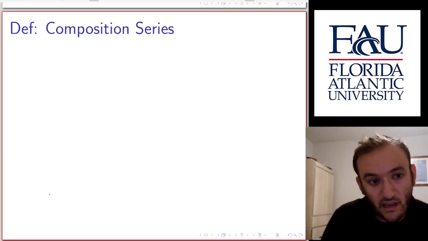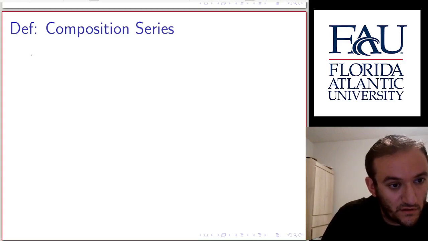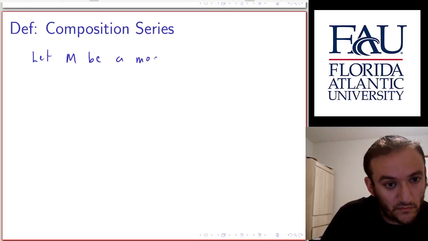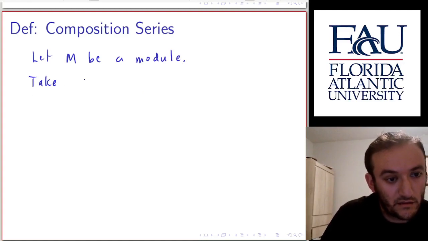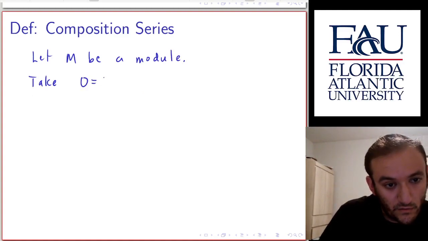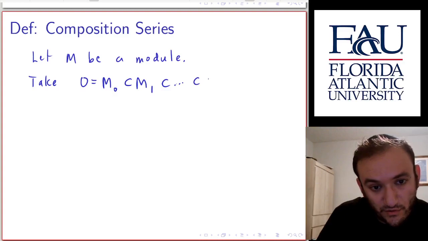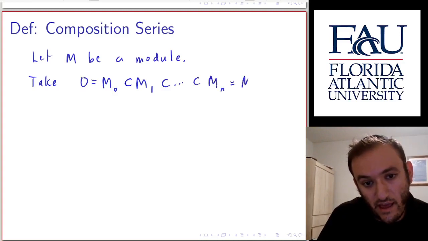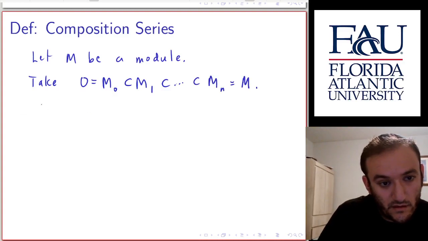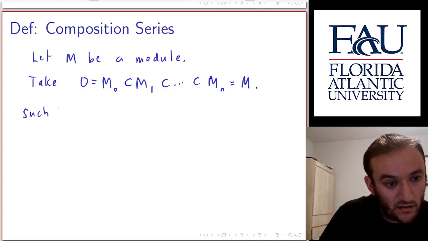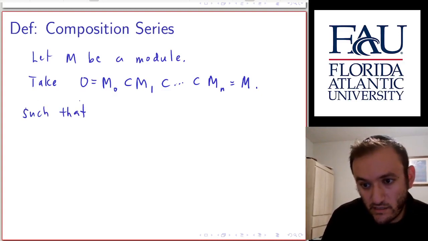Now we'll define a composition series. So let M be a module. Take 0 equal to M0, proper submodule of M1 up to Mn, and this is our M, such that this chain is maximal.